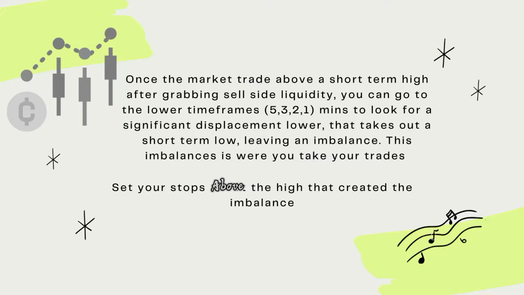Now, once these short-term lows have been taken out, you will expect price to come back to a zone where it moves rapidly away, which is the displacement, which would leave an imbalance, the fair value gaps. That's where you're going to place your sell order, and you're going to ride it to the next low or area of markets where markets would engineer liquidity.